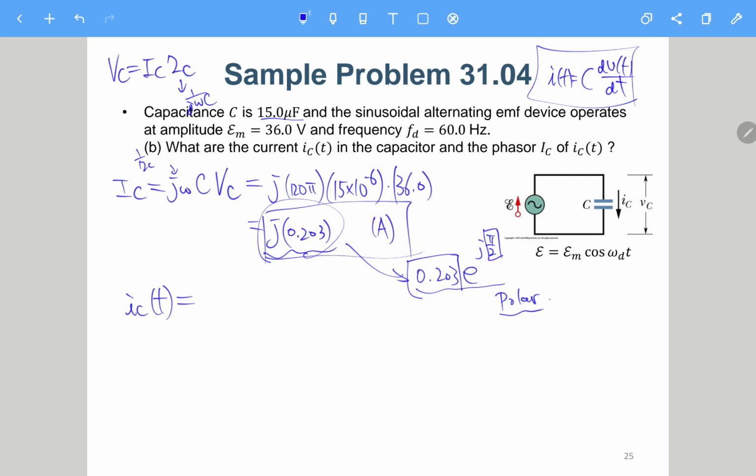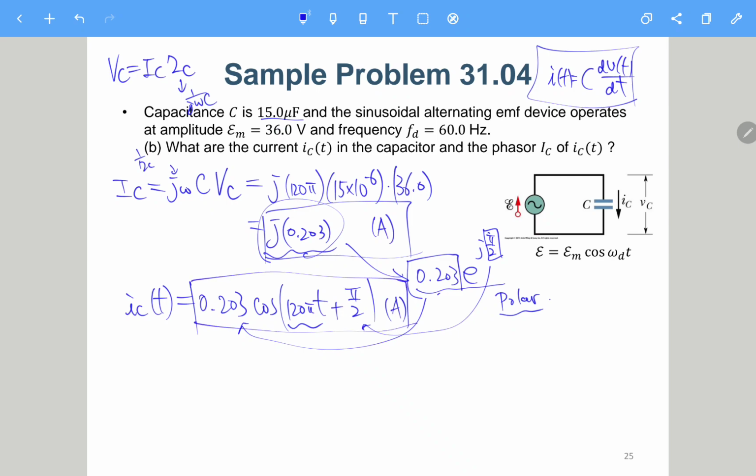So the amplitude is 0.203, and it is still cosine of 120 pi t, since the frequency doesn't change, plus pi over 2, in amperes. So we don't need to play around with the differential equation.